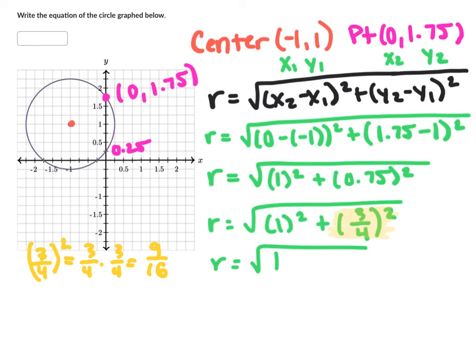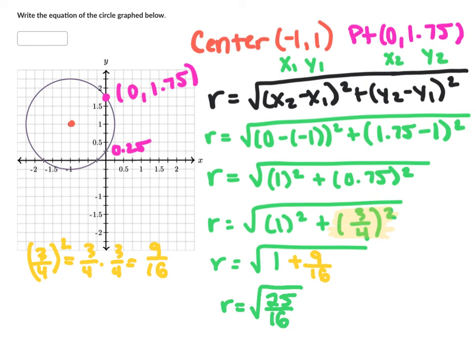So this would be plus 9 over 16. Now if I combine the 1 plus 9 over 16 and change that to a fraction, it's going to give me that the radius equals the square root of 25 over 16.